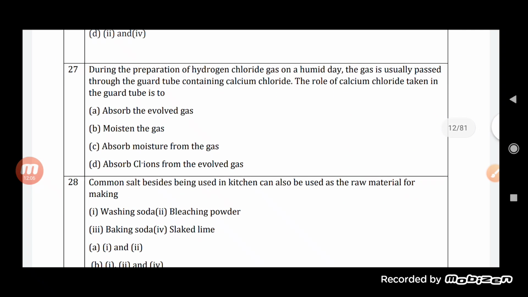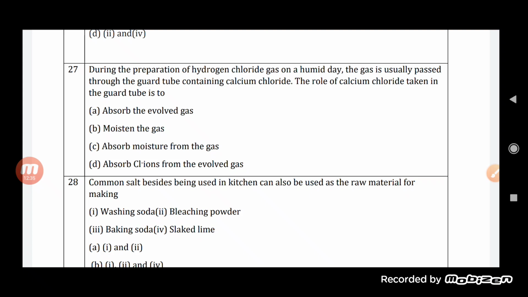Now see here, the next one is: during the preparation of hydrogen chloride gas on a humid day, the gas is usually passed through the guard tube containing calcium chloride. The role of calcium chloride taken in a guard tube is what? When we prepare hydrogen chloride gas on a humid day, the gas is passed through the guard tube, which contains calcium chloride.